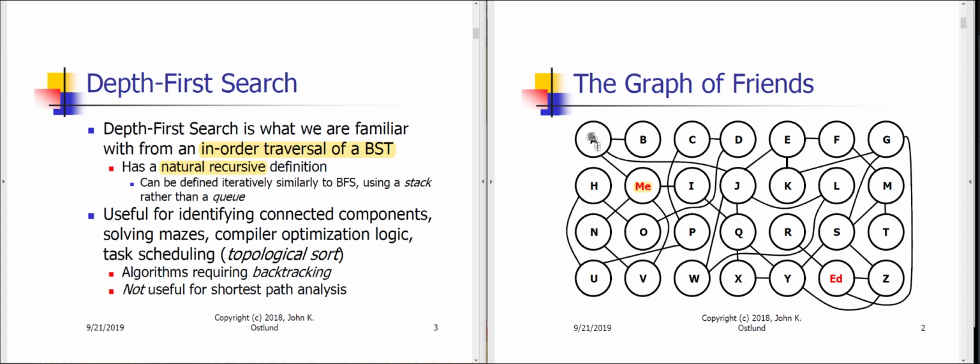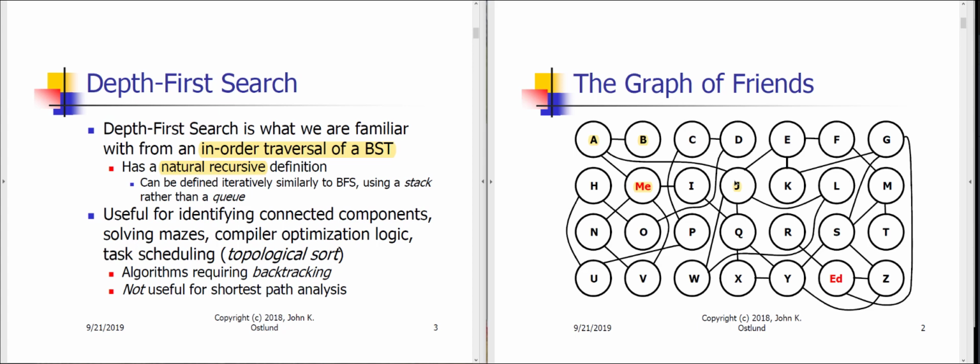So I'll go from me to A. Now in depth-first search, having reached A, I immediately go to A's next neighbor in alphabetical order, so that's B. All right, so I've gone from me to A to B. Now when I hit B, B has no unvisited neighbors, so I have to backtrack to see whether A has unvisited neighbors. Indeed, A does have an unvisited neighbor, so the next node I go to from A is J.